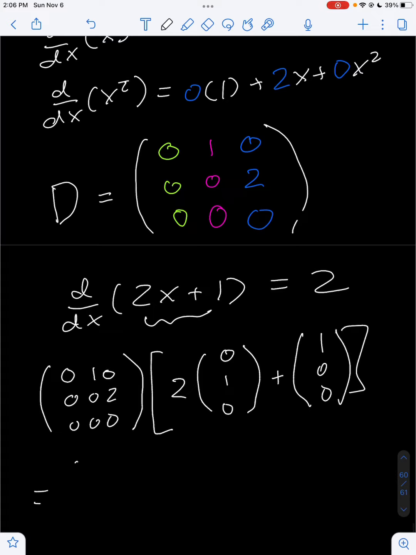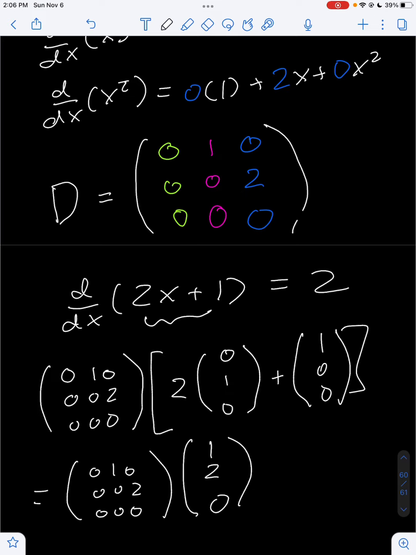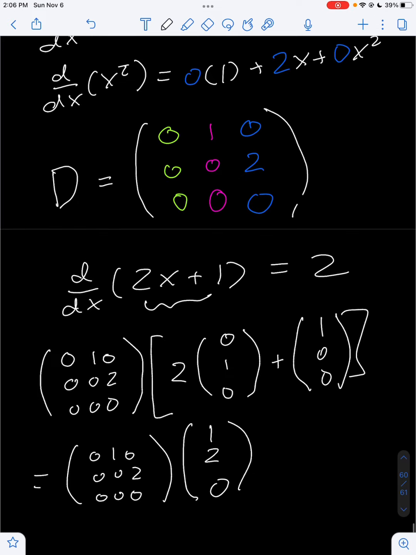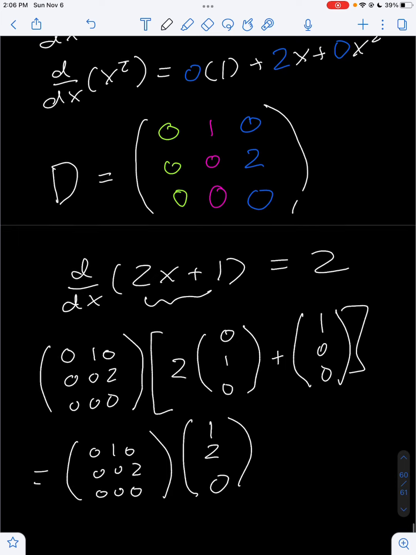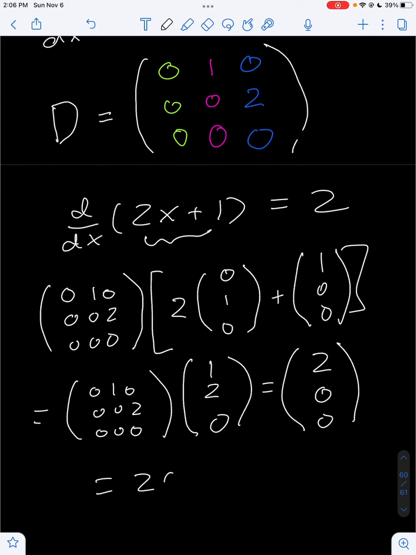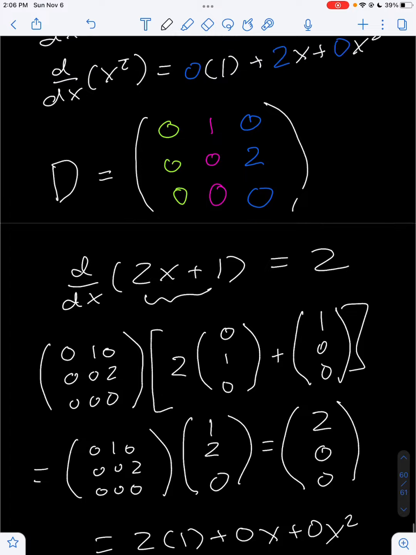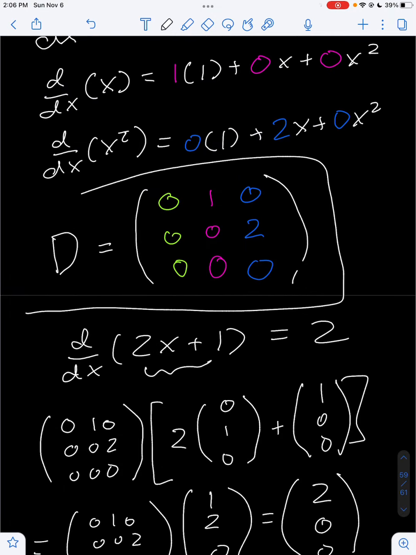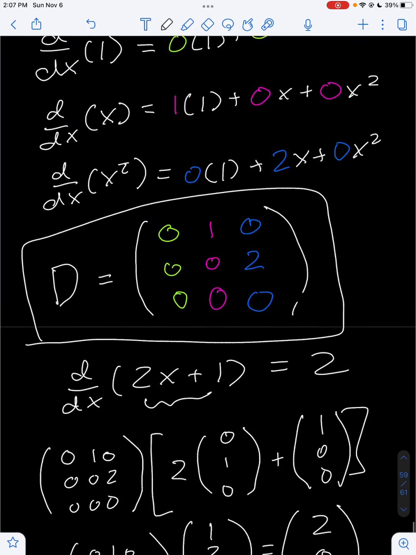That's going to give us [1, 2, 0]. And if we carry out this matrix multiplication, what we will end up with is going to be [2, 0, 0]. And that's just going to be 2 times 1 plus 0 times x plus 0 times x squared, which gives us 2 as we expected. So this is the correct procedure to actually build out the matrix form of a derivative.